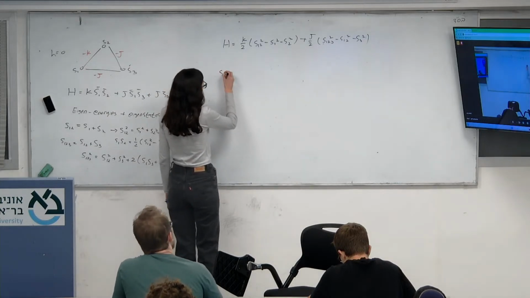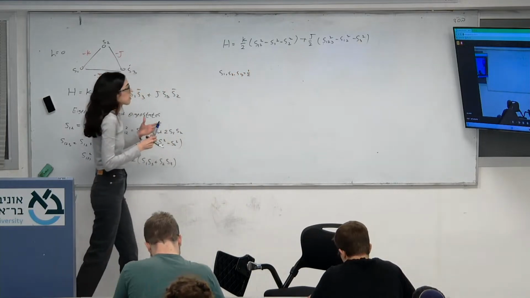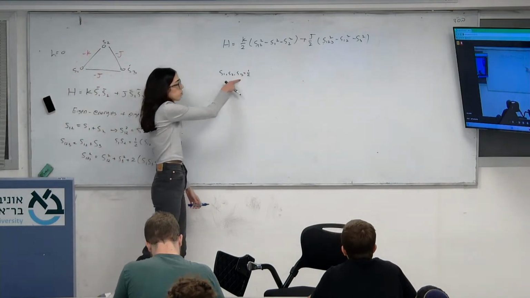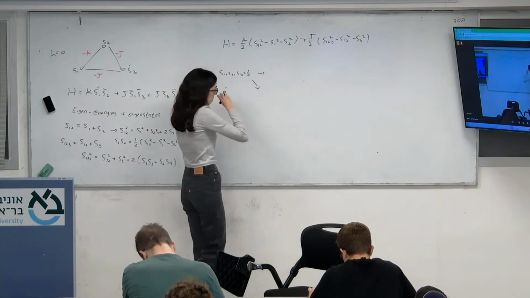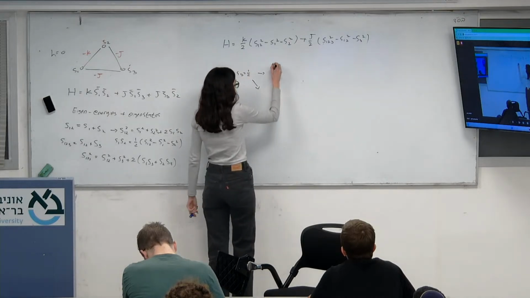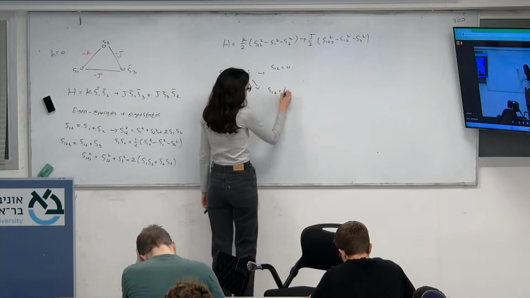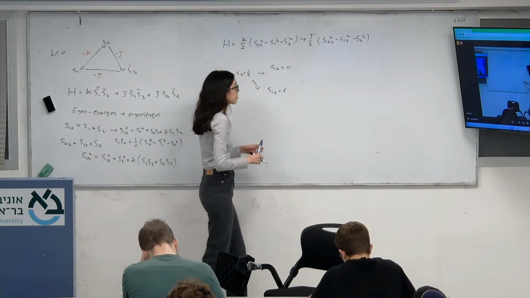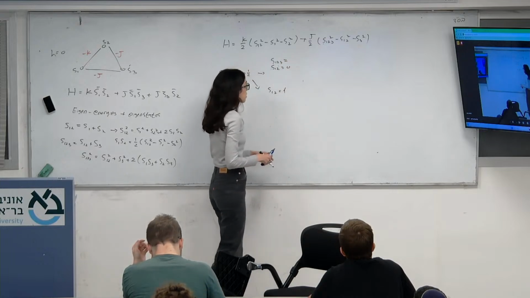If we start with S1, I didn't say that, but all of those spins are spin half, so all of those are equal to half. Then I have two options for S12, either equal to 0 or to 1. If I then add S3, then if S12 is 0, S123 can only be equal to half.